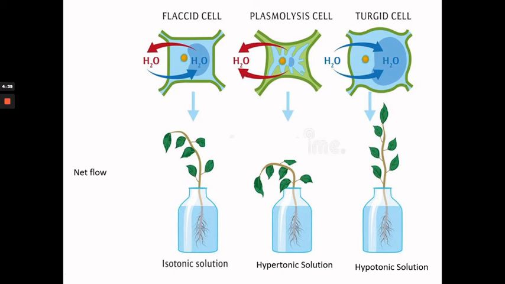Okay, that is, the cell membrane is going to shrink within the cell as it loses more water. And lastly, in hypotonic solution, the concentration outside the cell is lower, so water will move from outside to inside the cell. The cell will swell, get bigger, we term as turgid.